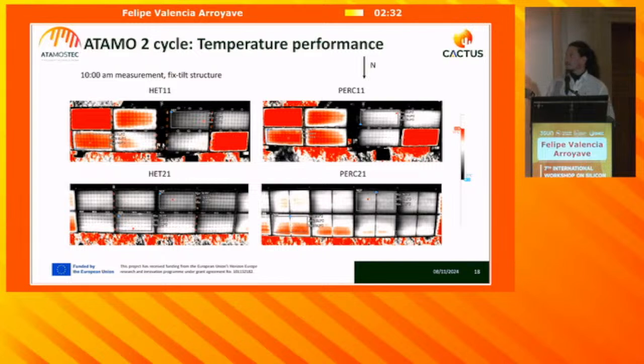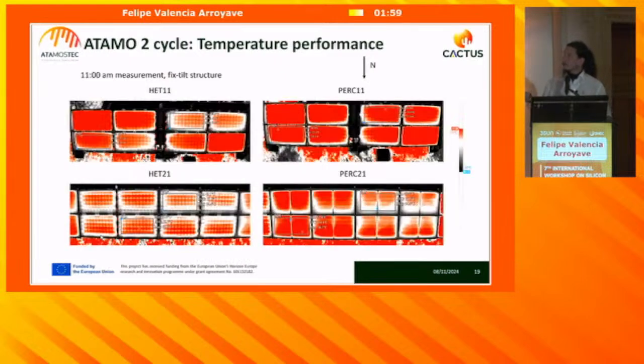And the same happens with the PERC and PERC21, which indicates that we can have some additional degradation mechanism in the module because of these inhomogeneities. Since you have gradients within the module, and also within the string, this can be translated to different amounts of power provided by each one of the modules.